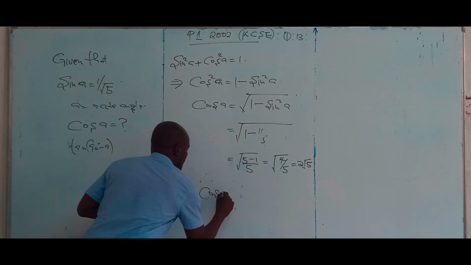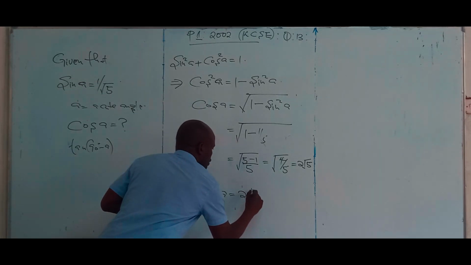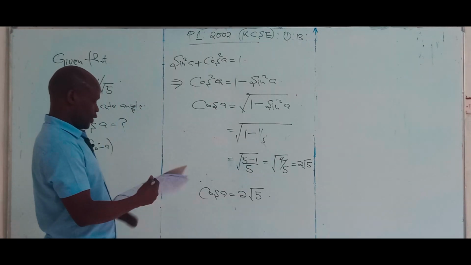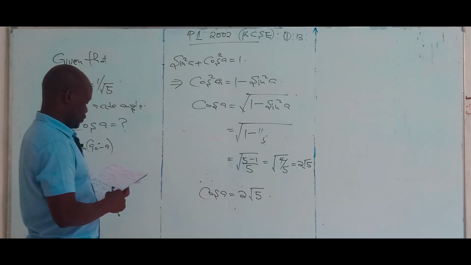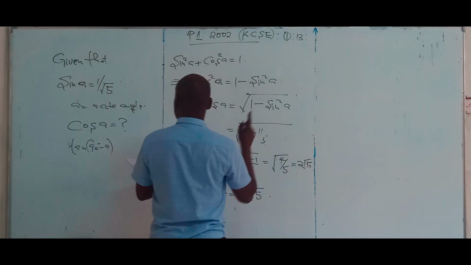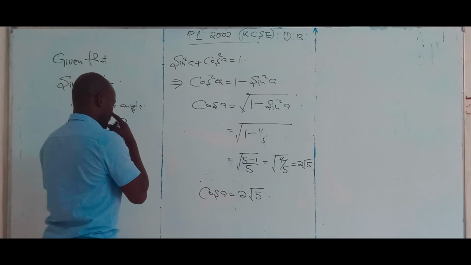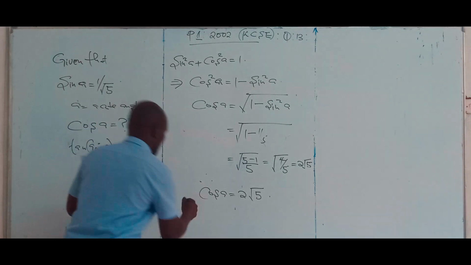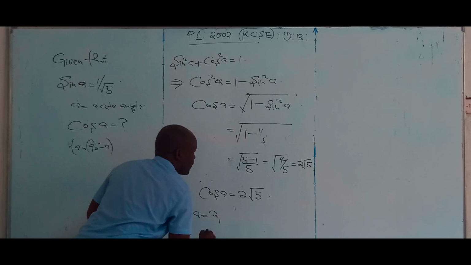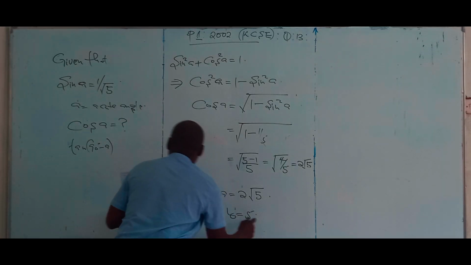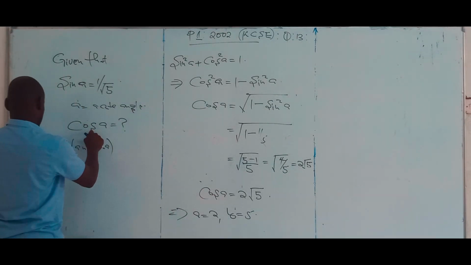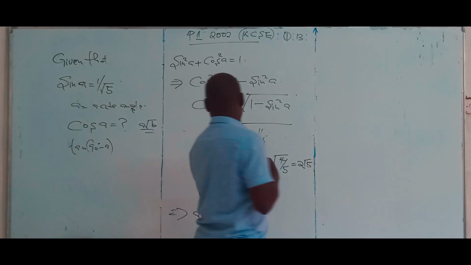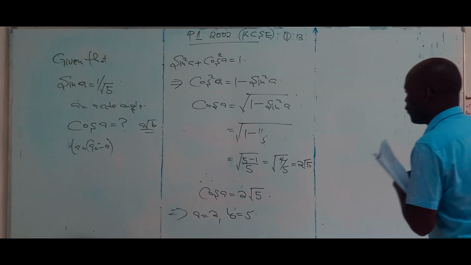Therefore, cos A is 2 over root 5, and we were told to express it in the form A root B. So our A is 2 and B is 5, according to the question. That takes care of cos A.